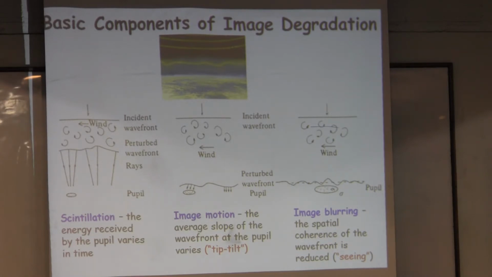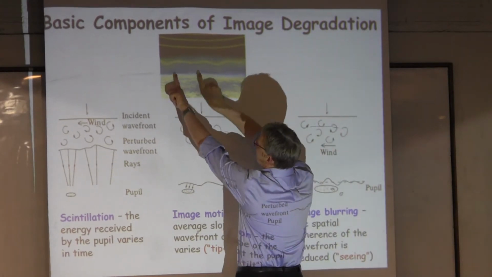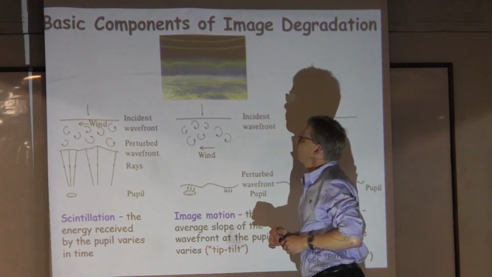And then there is the image blurring, which is simply due to the fact that because there are many turbulent cells, the light comes at different angles. And there's a third effect. Imagine you had a telescope here. The telescope would have that size, so it would only see that part of the wavefront.